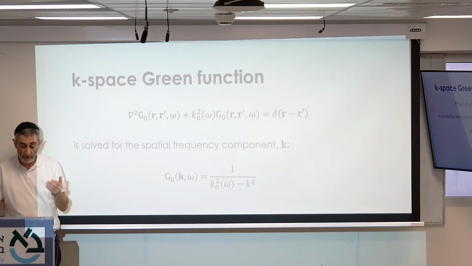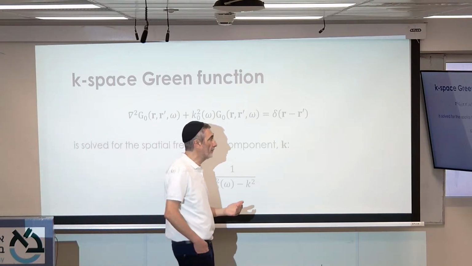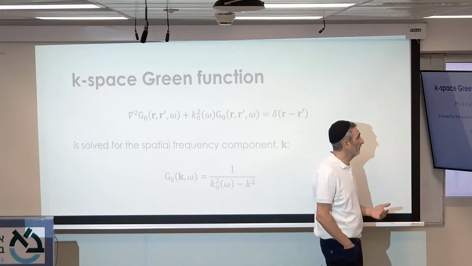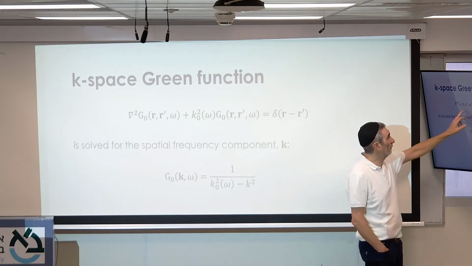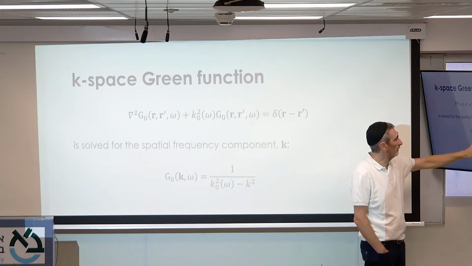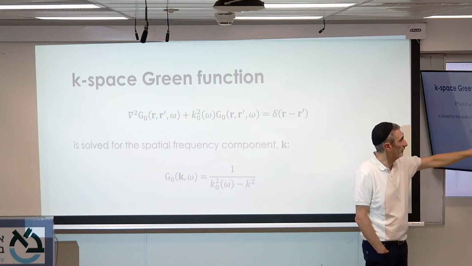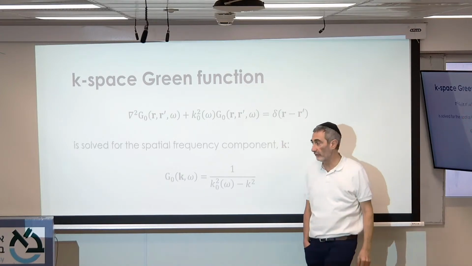Now you can also go to the K space, so you can consider only one particular K vector. If you solve it here for a particular K vector, you find that G0 of K, omega is equal to 1 over K0 squared of omega minus K squared. So K0 is given here by omega over c.